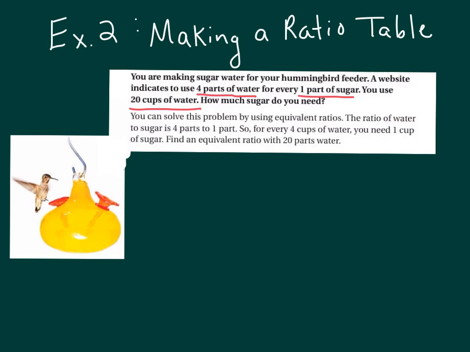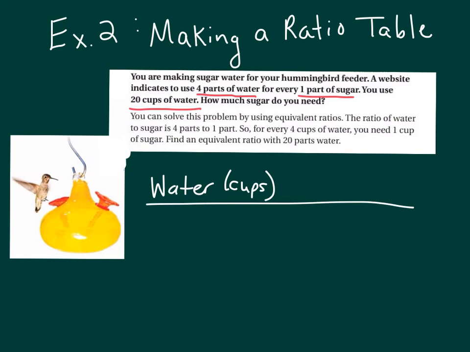So we're going to be creating that ratio table, and we're going to compare water, and when possible, try to include labels, and then we're going to compare that to the amount of sugar that needs to go into the mixture, and that was also in cups in the original question.